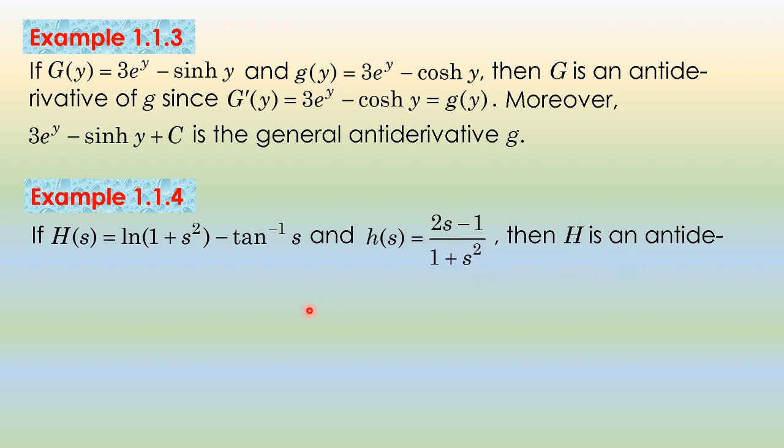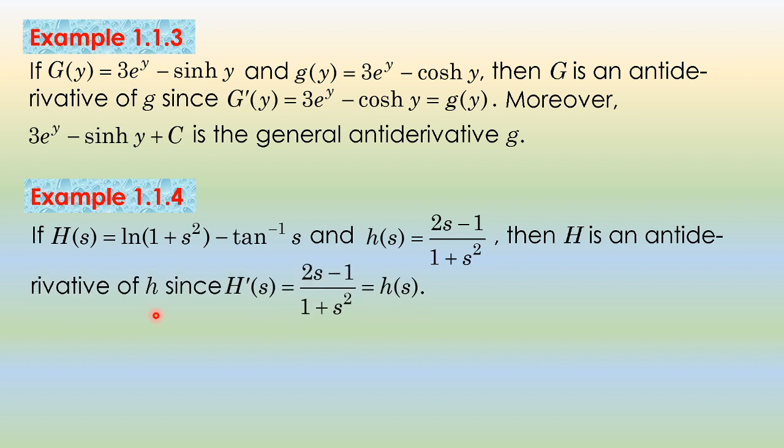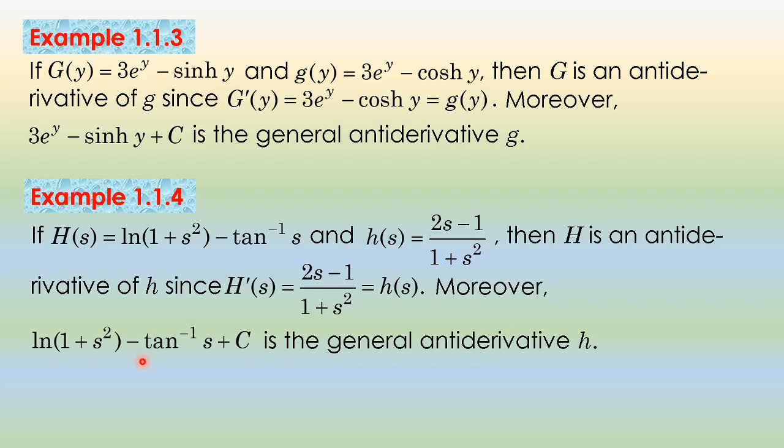Then big H is an antiderivative of small h, since the derivative of big H of s is equal to 2s minus 1 all over 1 plus s squared, which is also the small h of s. Moreover, ln of 1 plus s squared minus inverse tangent of s plus c is the general antiderivative of h.